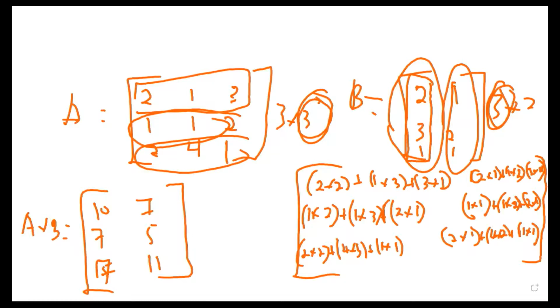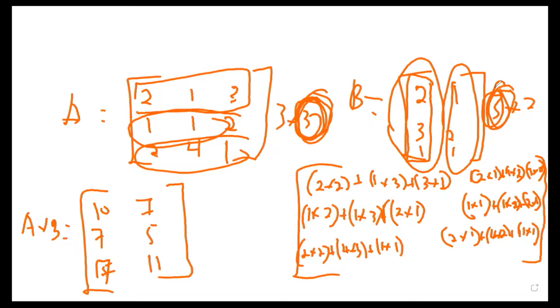Can you follow? This is a 3 by 3 dimension. Is that okay? Yes, I can see that. And this one is a 3 by 2 dimension. We said that make sure the column of the first matrix is the same as the row of the second matrix.